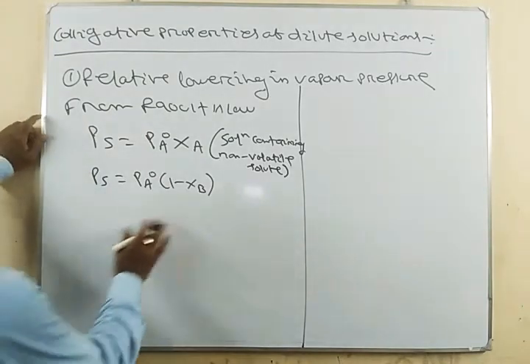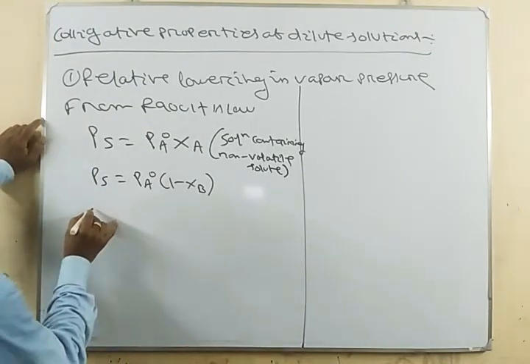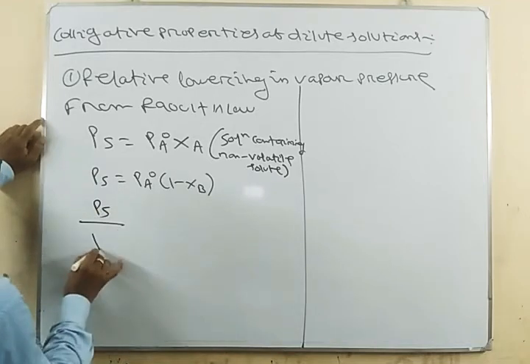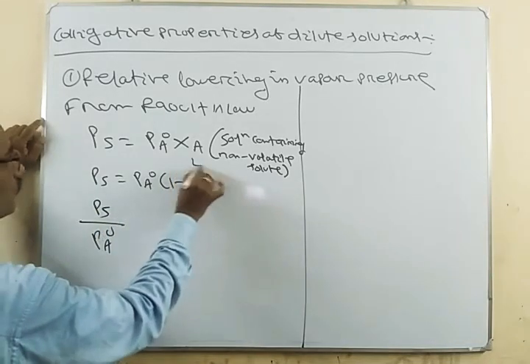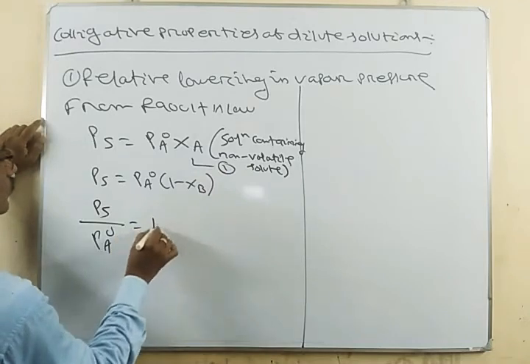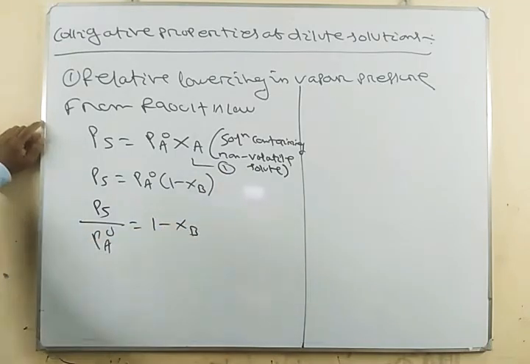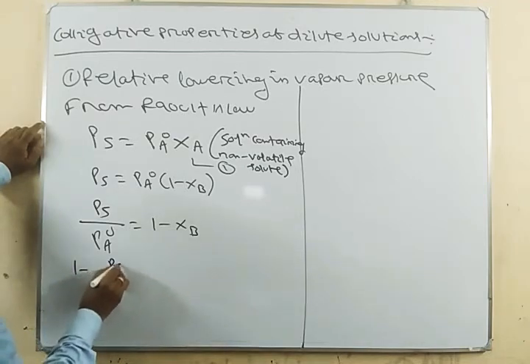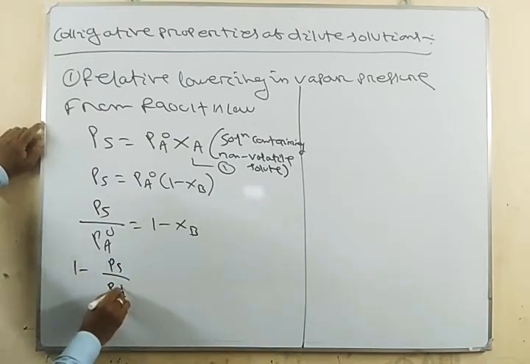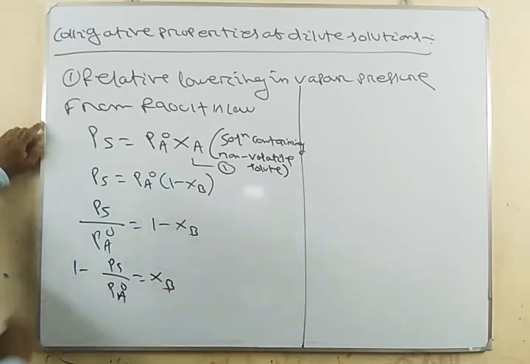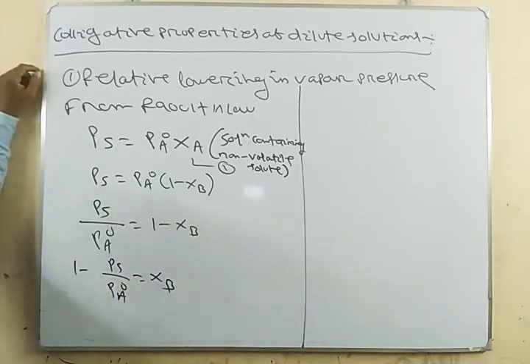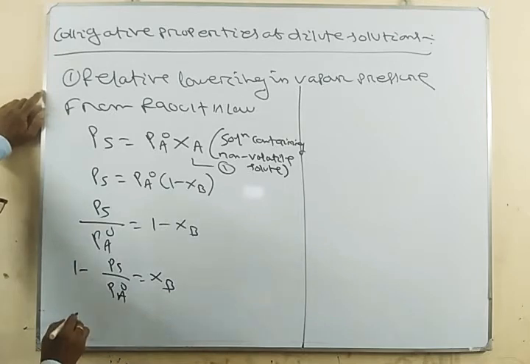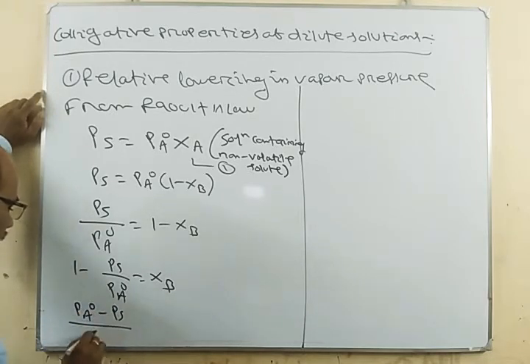So what can I write? PS by PA0 equals 1 minus XB, or you can write 1 minus PS by PA0 is equal to XB, or you can write (PA0 minus PS) by PA0 is equal to XB.